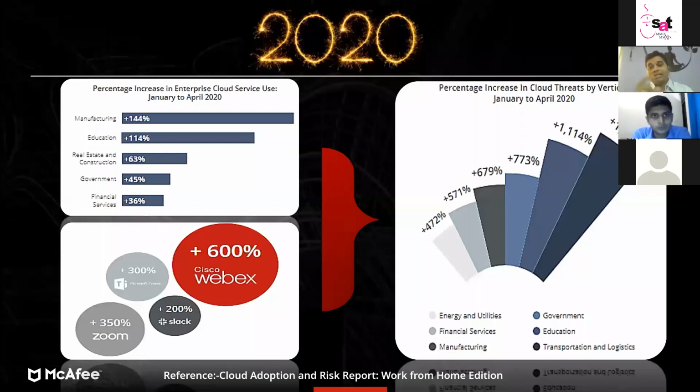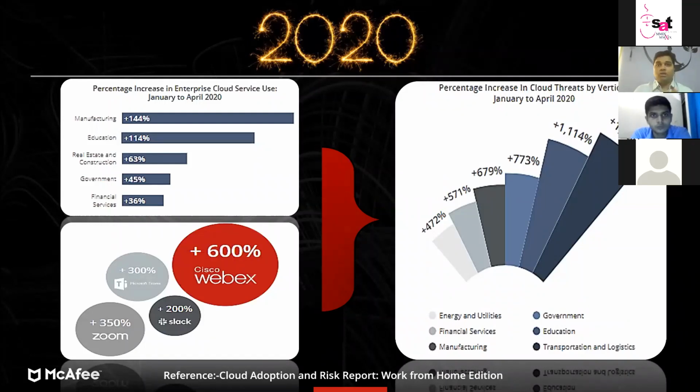If we look at some of the vertical-wise threats, manufacturing, transportation and logistics, and education are the sectors with more exposure to these kinds of threats because they adopt cloud a lot, followed by financial services as well, because in 2020-21, even the financial services have started adopting cloud.